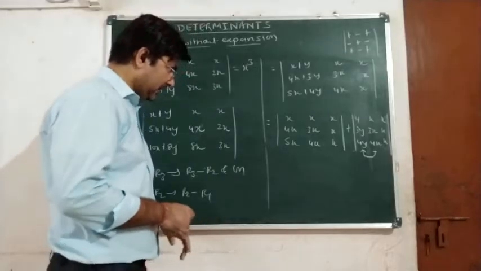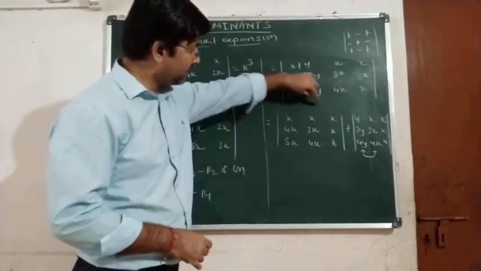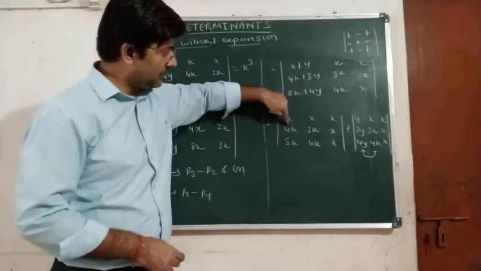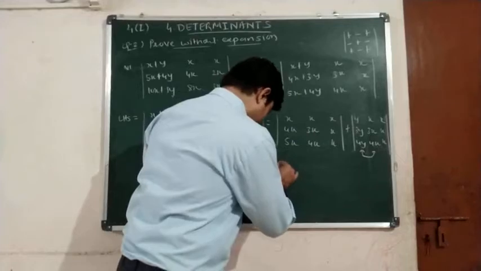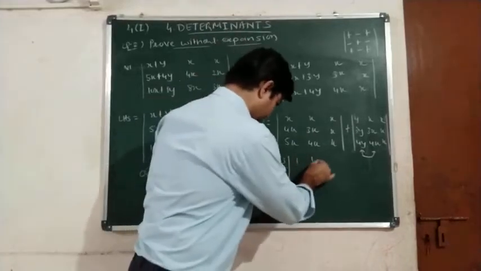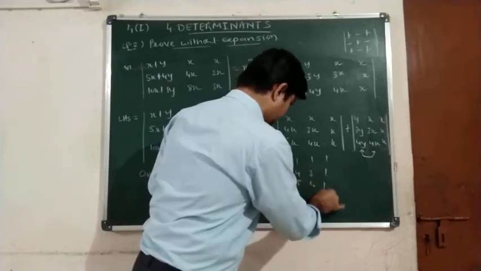Clear? Now similarly, look at the first determinant. From the first row we can take x common, from the second row x, and from the third row also x. So this determinant will be x into x into x, x cube, with rows 1, 1, 1; 4, 3, 1; and 5, 4, 1.